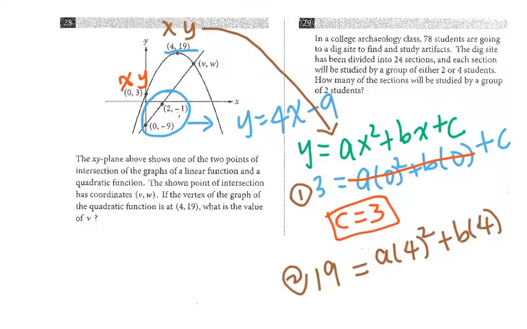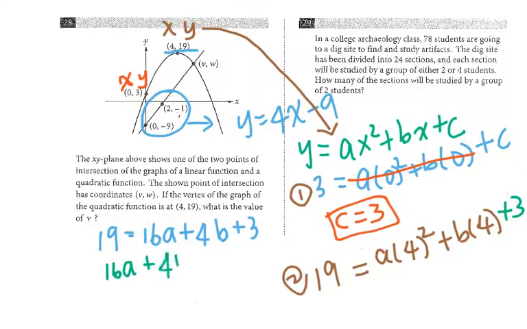We already know that c will be 3, so plus 3. I organize the equation, you will get 19 equals 16a plus 4b plus 3. And then minus 3 both sides, you will get 16a plus 4b equals 16.